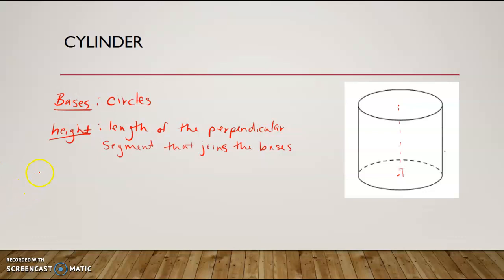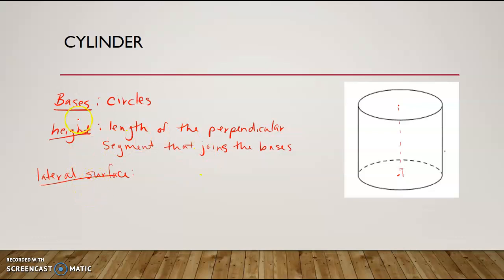And then the last thing we're going to talk about is the lateral surface. When it comes to a cylinder, if you were to flatten it out, the lateral surface creates a rectangle, with the height being our width and the length being the circumference around the circle.